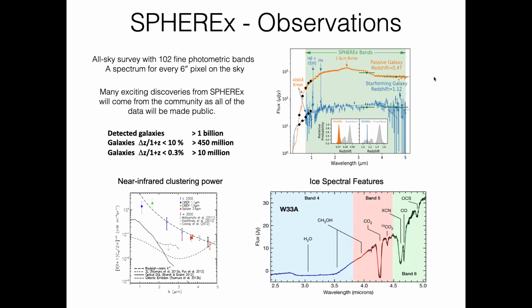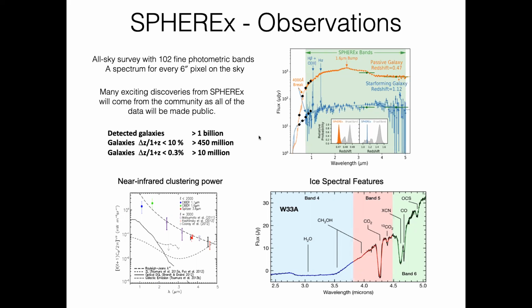Here's an example of what we can do with that. We can study galaxy spectra. Here is an example spectrum of a passive galaxy at a lower redshift with the 1.6 micron bump. Higher redshift star-forming galaxies are in the blue over here, with H alpha, H beta, and O III emission lines.